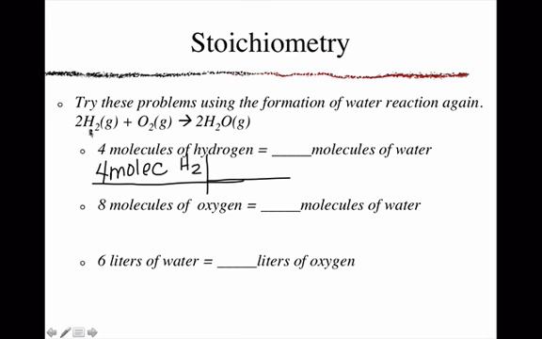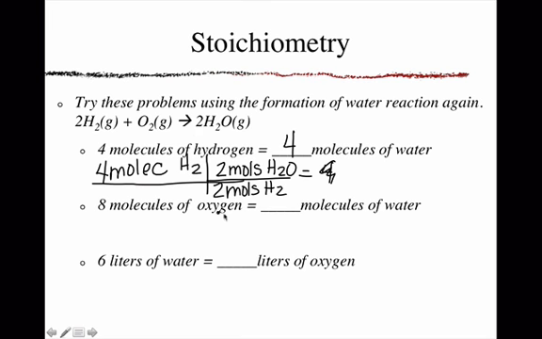From the balanced equation, I know that for every 2 moles of hydrogen that go in, I get 2 moles of water produced. And then your answer would be 4. And that should make sense looking at this. Since 2 and 2 are the same number, if I change this to a 4, this would also have to change to a 4, so they're equal quantities.